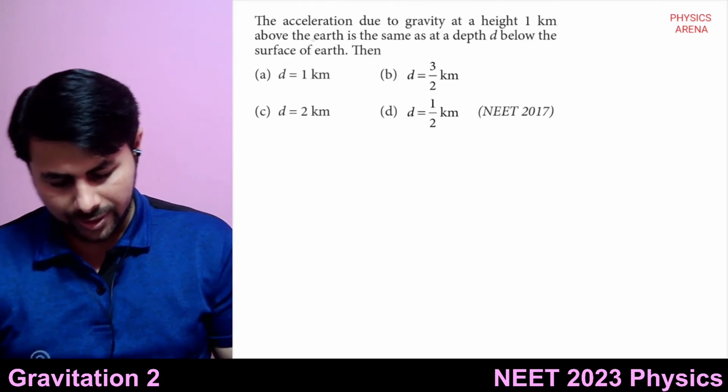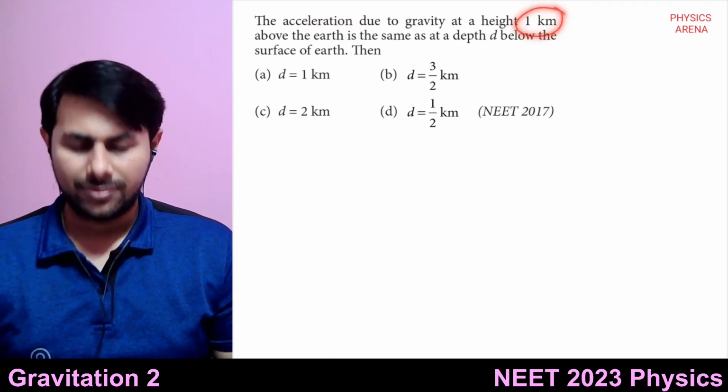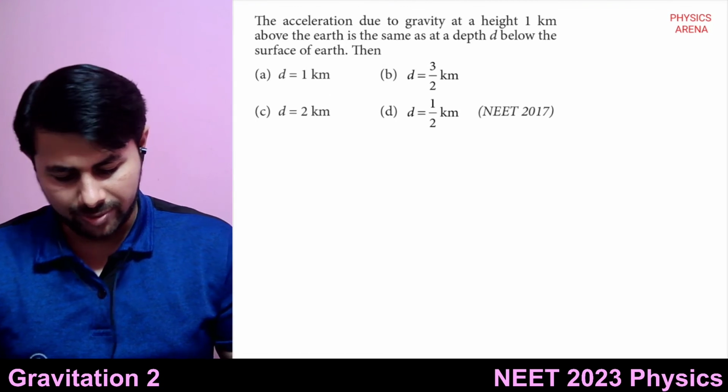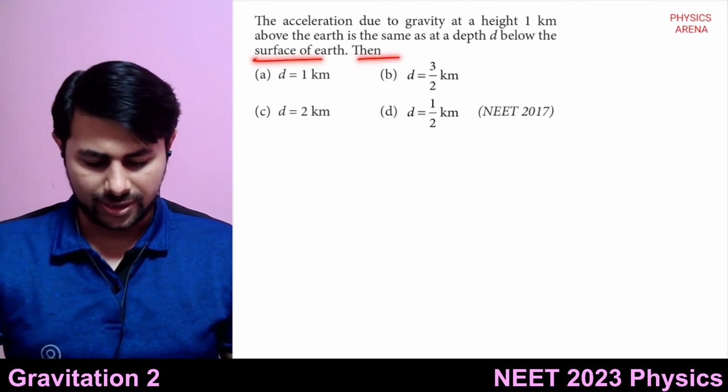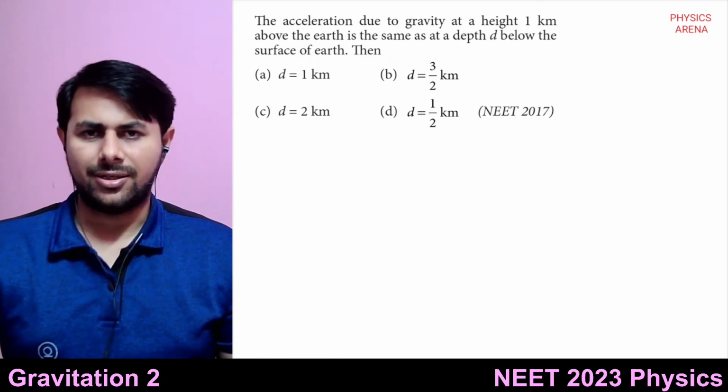Next one: the acceleration due to gravity at a height of 1 kilometer above the Earth is the same as at a depth d below the surface of Earth. Then how much is d? They are asking.